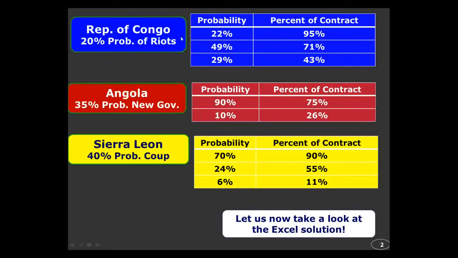On the left-hand side, we have event probabilities, and on the right-hand side, we have the impact probabilities or the consequences. So there's a 20% probability that there would be riots in Congo. Associated with that, there's a 22% chance we would get a 95% of our contract fulfilled, 49% probability that we would only get 71% of the contract, and the balance 29%, the estimate is about 43% of the contract. Similarly, for the other events, we have associated probability.